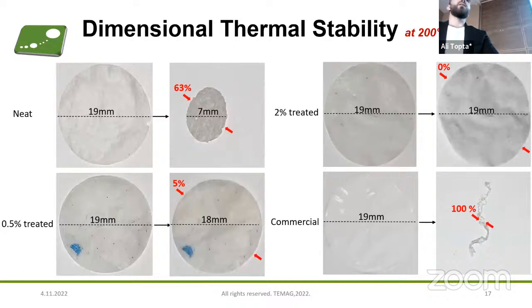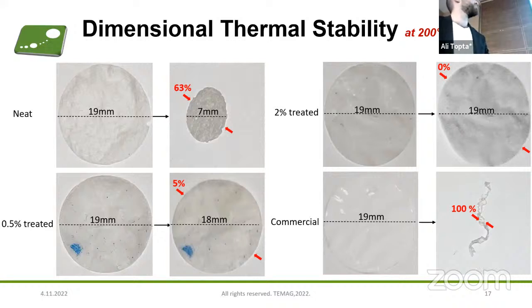For the dimensional thermal stability, we exposed our samples. We put them in an oven for 2 hours at 200 degrees Celsius and examined the shrinkage. Our neat TPU sample shrank by 63%, which is devastating for any battery performance.